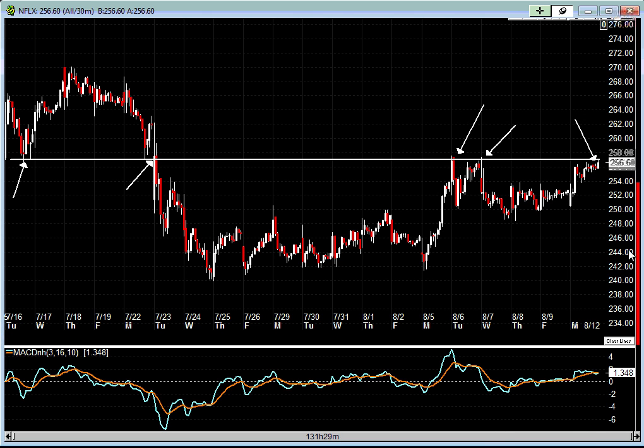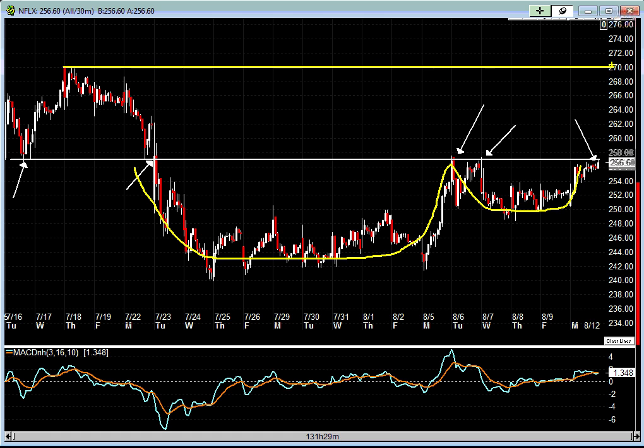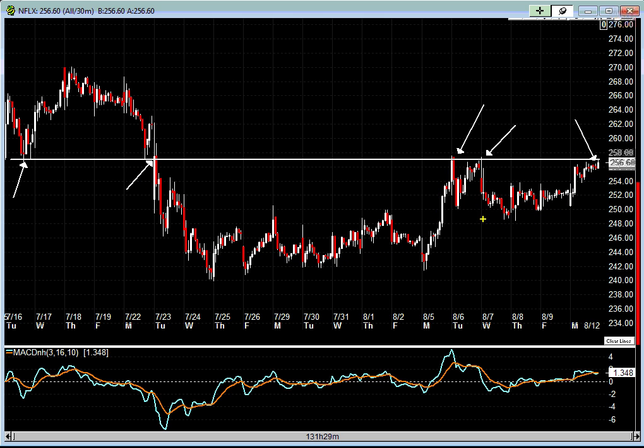And you can see that it's forming a nice cup and handle. So if we break this 256, 257, then we could probably see this guy make it up here to 270. Again, you can see some of these potential support levels. You see these resistances could turn into support.